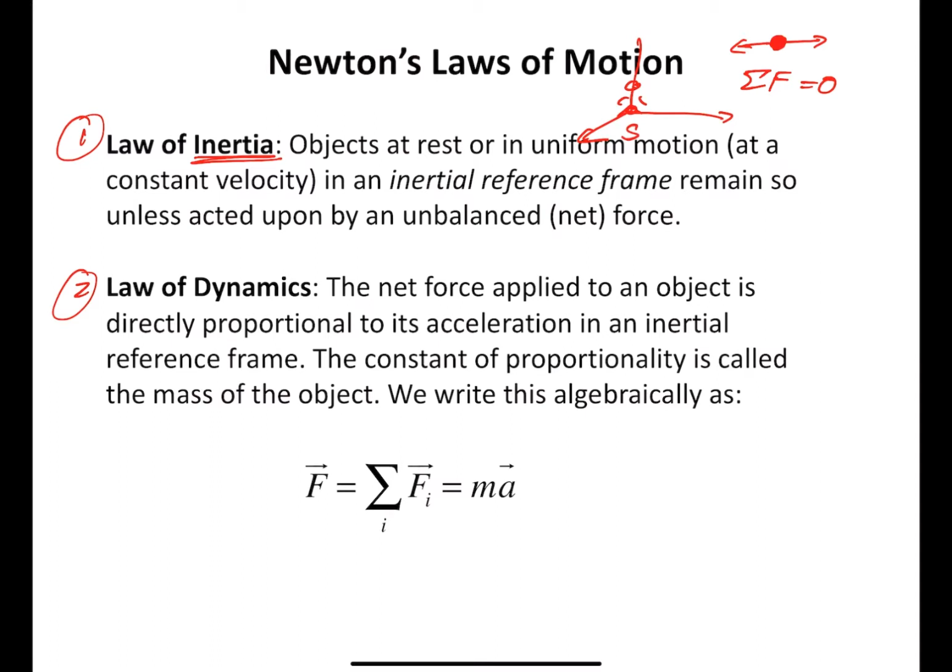The thing about this law is that not all observers will agree with the first law. The first law doesn't say at rest or uniform motion; it means constant velocity. It just says or.